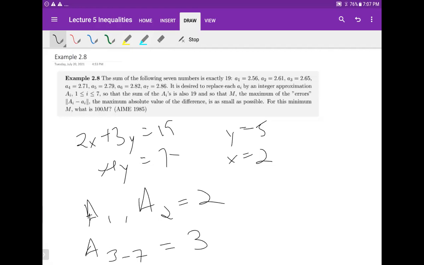And we see that the maximum error would be 0.61, between capital A sub 2 and a sub 2. And so that means m is equal to 0.61. If we go back to the problem, we want 100m, so that means the answer is 61, because 0.61 times 100 is 61.